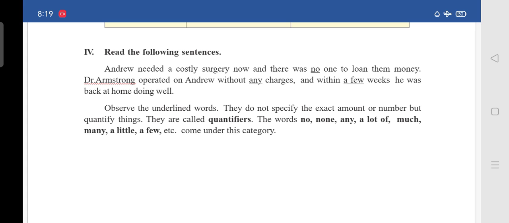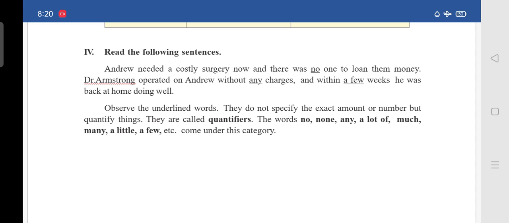They do not specify the exact amount or number, but quantify things. These are called quantifiers. The words no, none, any, a lot of, much, many, a little, a few, etc. come under this category.